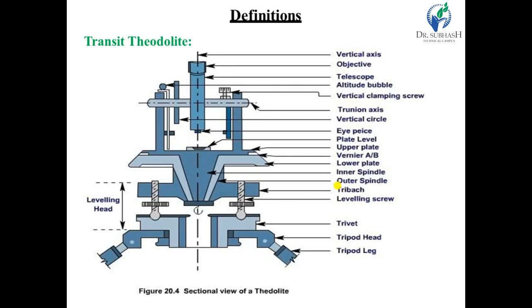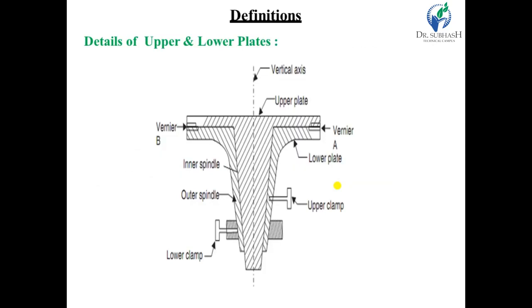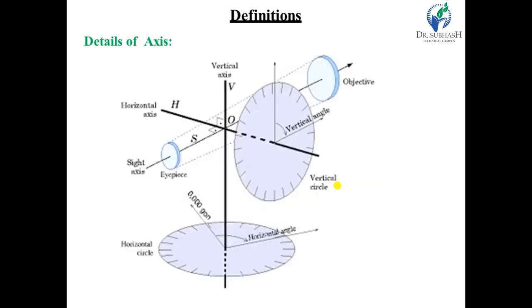The tripod head is the base of the tripod on which the theodolite is fixed. Next is the tripod leg. The tripod leg is the portion of the tripod that can be used for fixing the instrument on the ground.